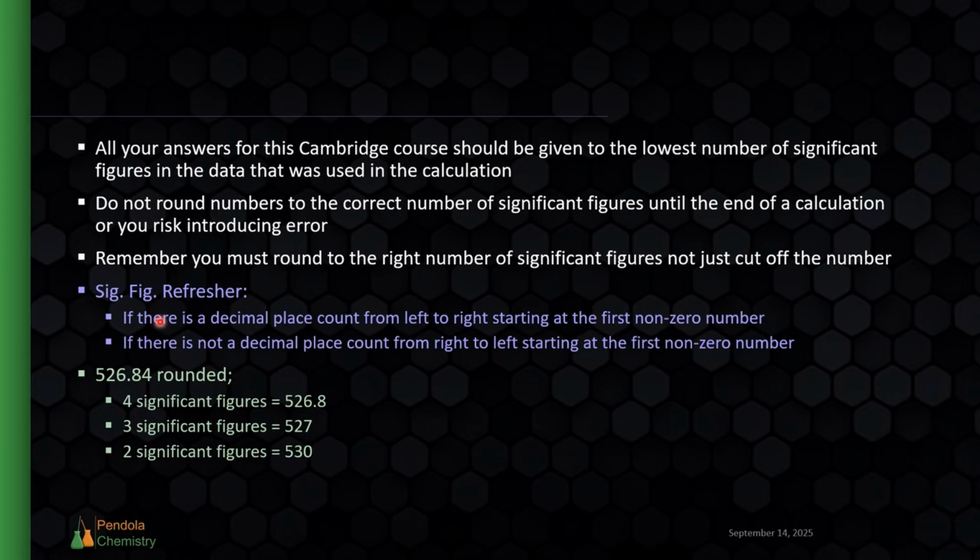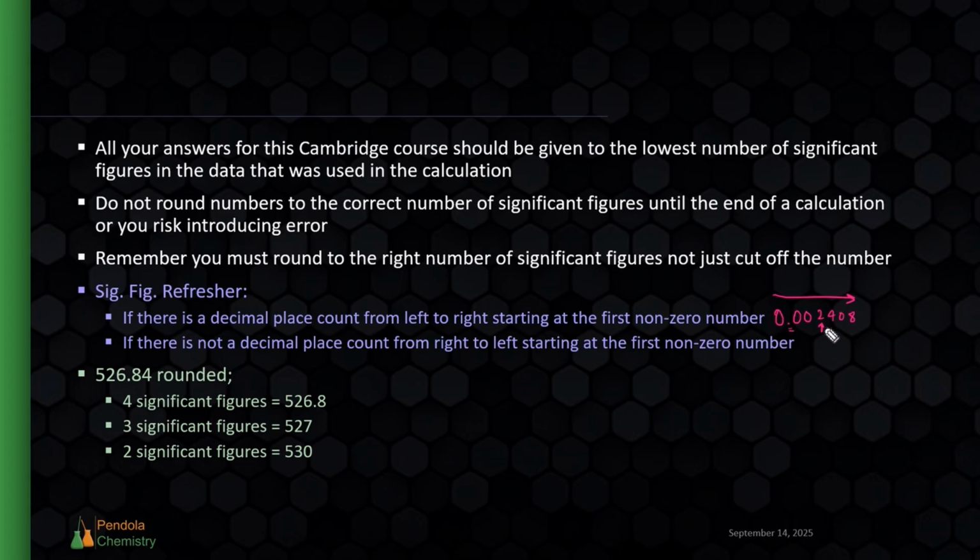So a bit of a refresher. If there is a decimal place, you're going to count the numbers from left to right, starting at the first non-zero number in order to figure out the significant figures. For example, if we're getting something like 0.002408, because there is a decimal place here, we're going to start counting from left to right at the first non-zero number.